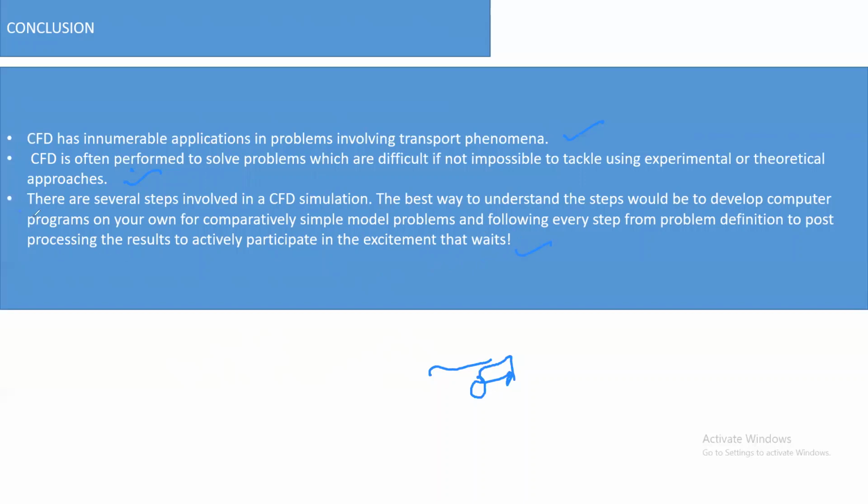Might be this statement made you bored. Here the only point I am saying is, commercial software is there, you can easily do it, but I suggest writing some codes on your own and understanding what CFD is. That is the main motto I told from the beginning, and here I mentioned it again.